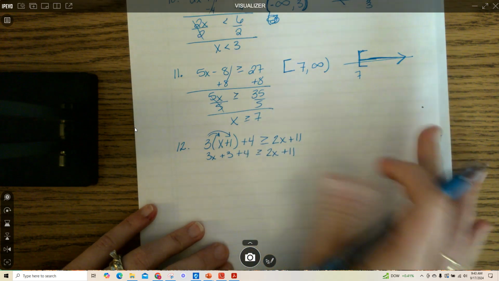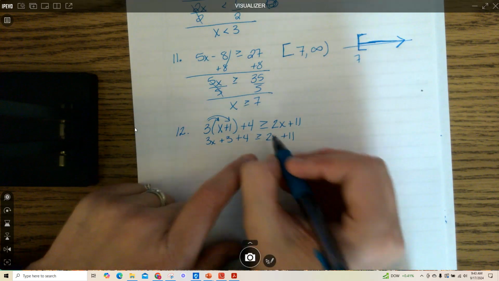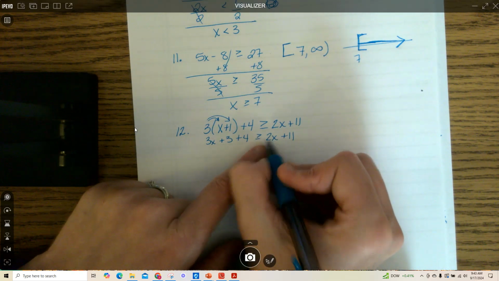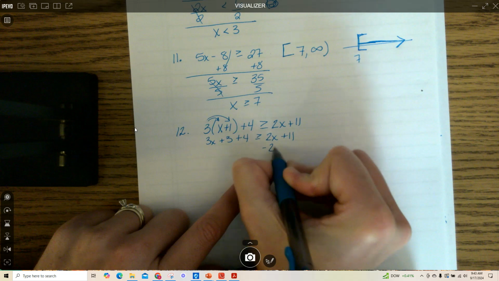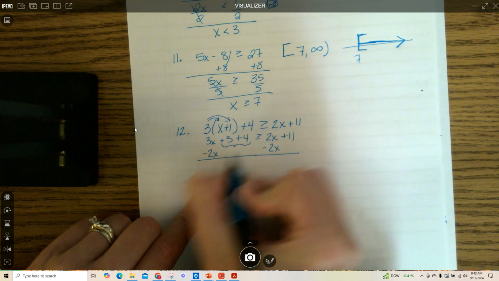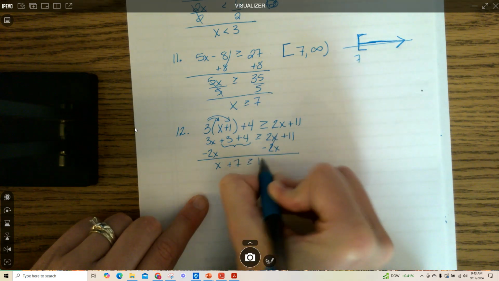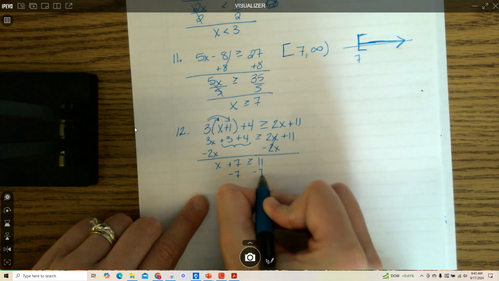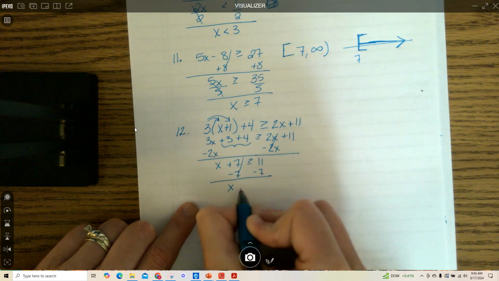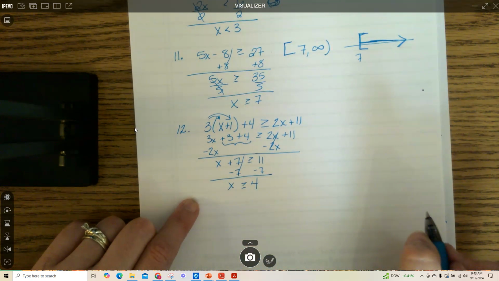Here's how I used to teach 8th graders to do this: always move the smaller x, especially with inequalities. So 2x is smaller than 3x. I'm going to subtract 2x from both sides. I'm also going to combine these at the same time, and then subtract 7 from both sides. 11 minus 7 is 4.